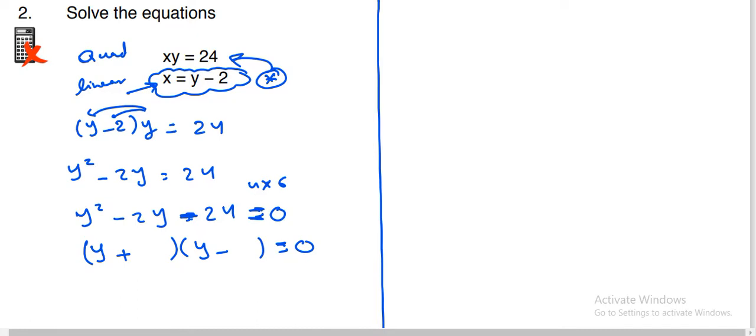The bigger number will be put with the middle sign, and here the other one, sorry, it's 4. So y plus 4 equals 0, or y minus 6 equals 0.